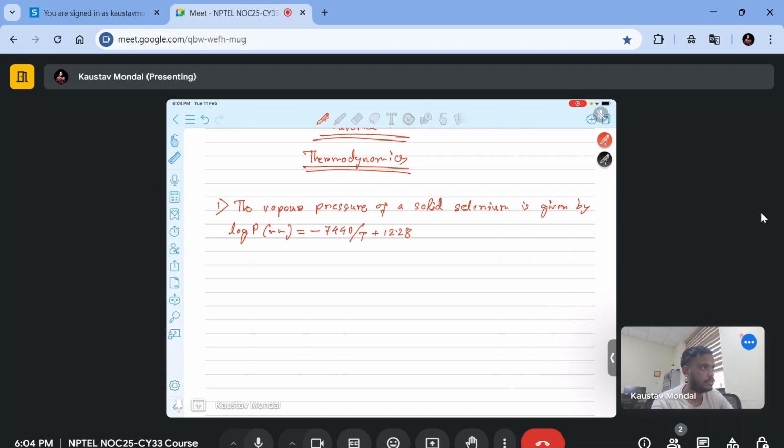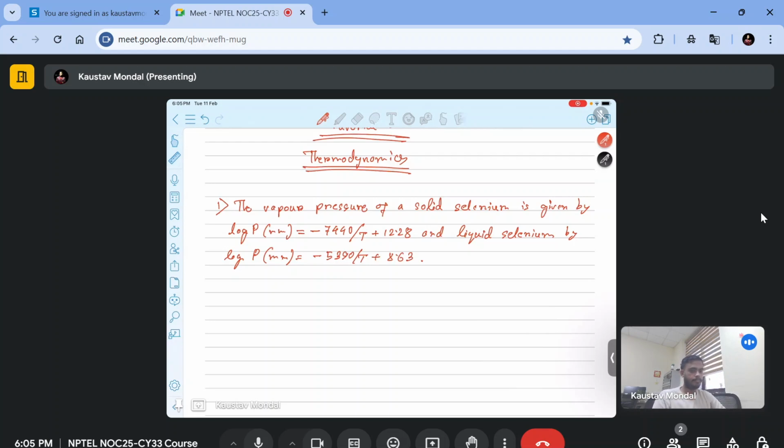In this case the state of the selenium will be solid, and liquid selenium is given by log P equal to 5390 by T plus 8.63.